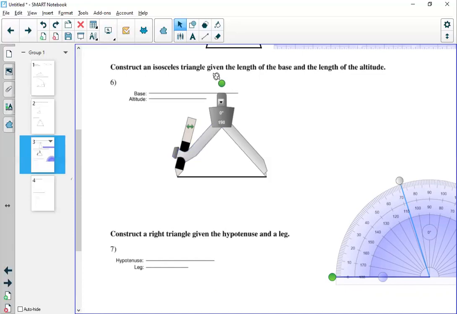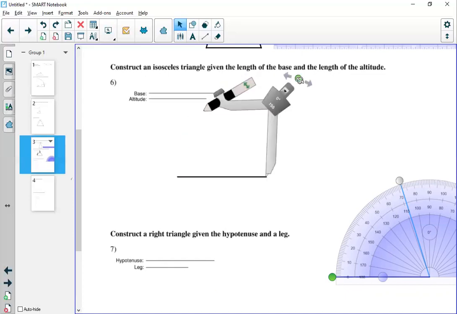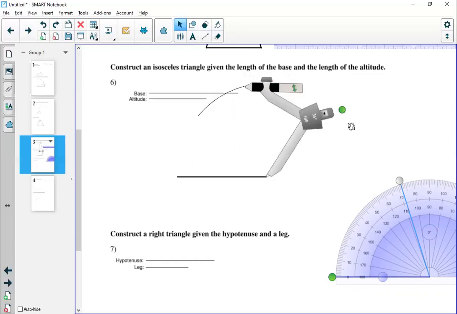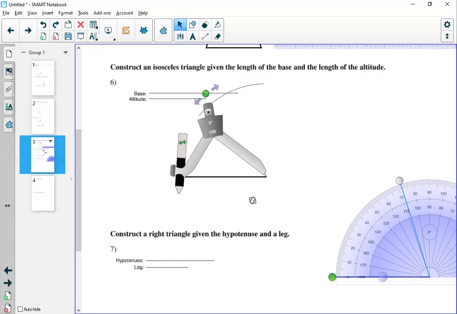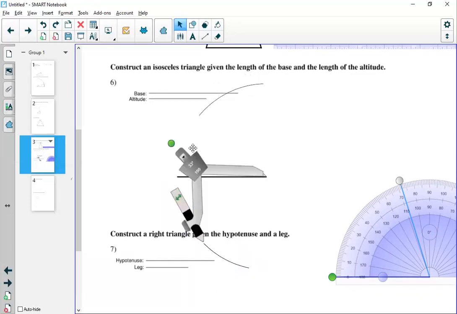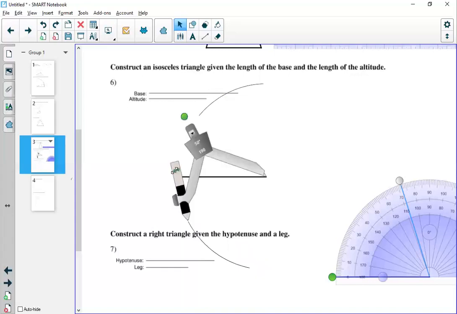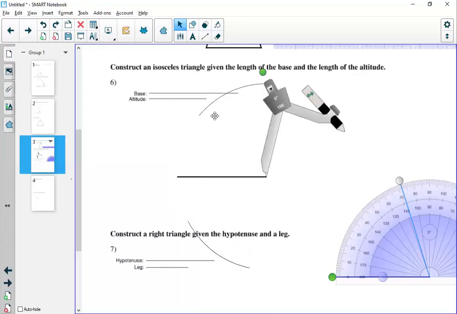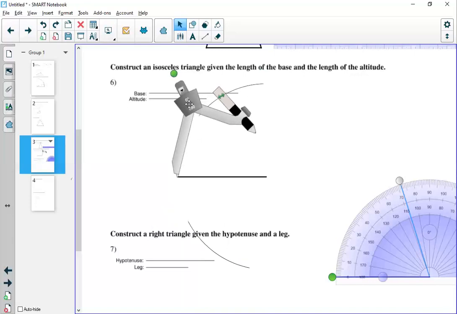So I'm going to bisect this line with a perpendicular line, with the sharp end of the compass at the right end of the line. I'm going to draw an arc above and below the line, draw one up, then come over to the side and draw another arc down, just like this. Okay, I'm placing the sharp end at the other end, the left end of the straight line of the base.